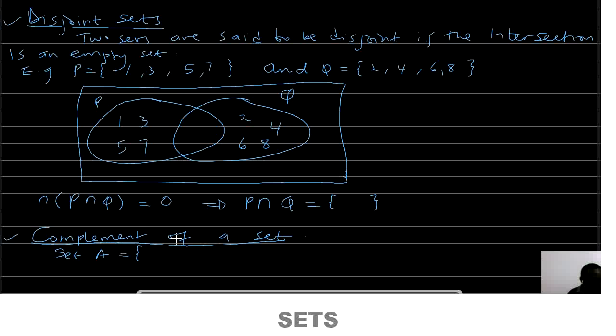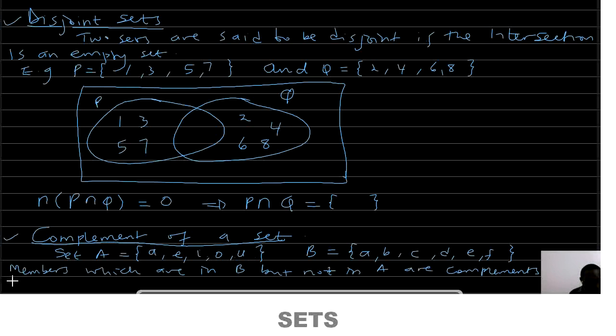Set A has elements A, E, O, U. Set B has elements A, B, C, D, E, F. So members which are present in B but not present in A are said to be complement members for set A, denoted as A with a prime or A with a bar on top.